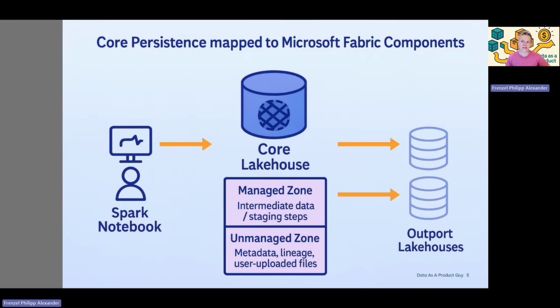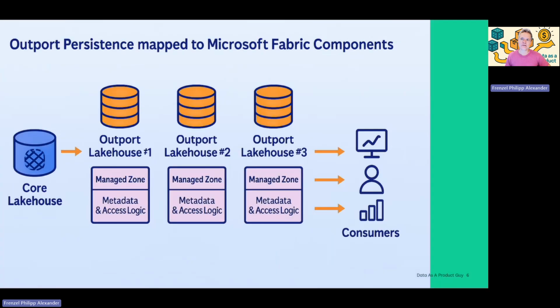We put metadata for lineage in there. Users can also upload files in there, so they have freedom of choice to use the unmanaged zone for managing files that they have. And then you can see here the output ports as lakehouses, which means each output port persistence is mapped to a separate lakehouse.